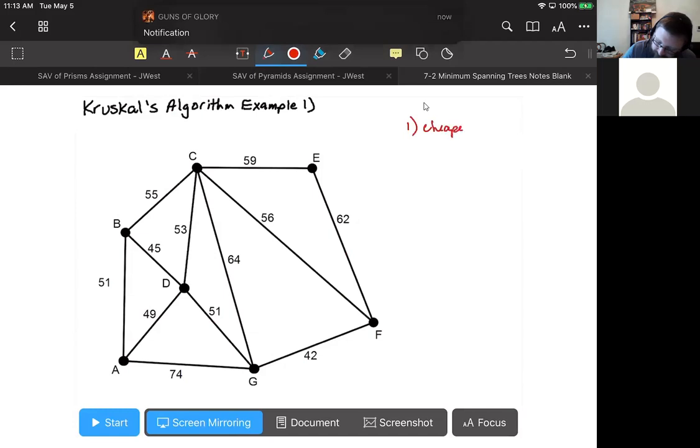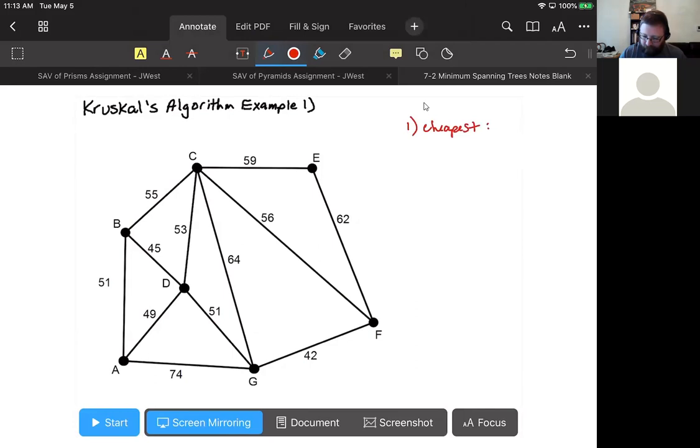So we start by choosing the cheapest edge in the entire graph. And the cheapest edge in the entire graph would be, anyone? Oh, there it is right there, GF 42, okay? So we pick that edge, that's the cheapest edge. Then we pick the second cheapest edge.